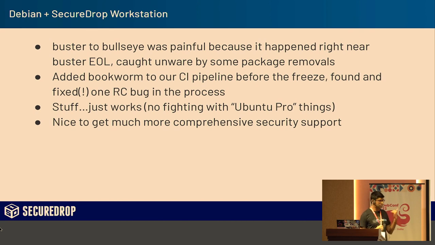So a little bit about Debian and the workstation. The switch from Buster to Bullseye was kind of painful because we delayed it a lot, and it only happened near the Buster end of life. And so we were caught unaware by package removals.